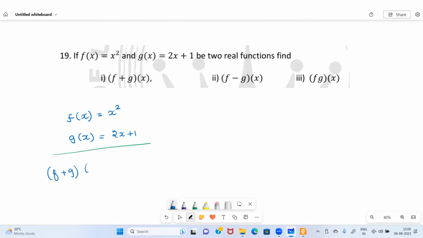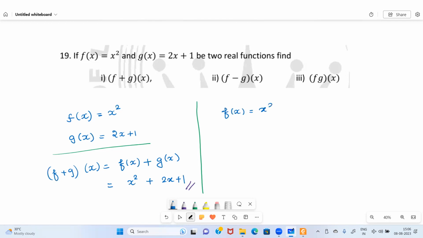G of x. Simply f of x plus g of x. So it should be nothing but x squared plus 2x plus 1, that would be our answer. Is it clear, students?